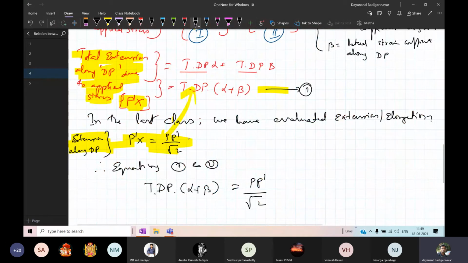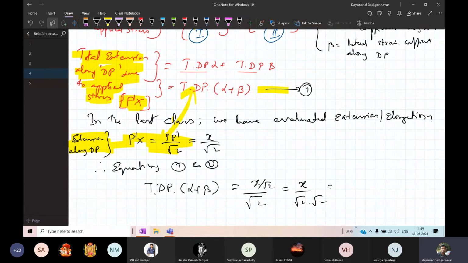Rearranging it, X divided by root 2 into root 2, that is X by 2.